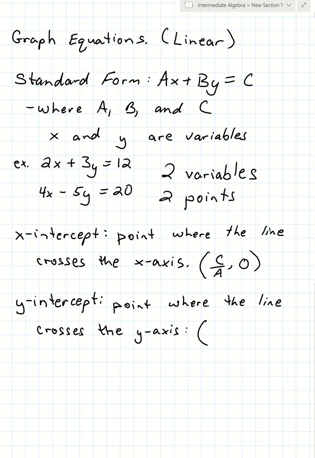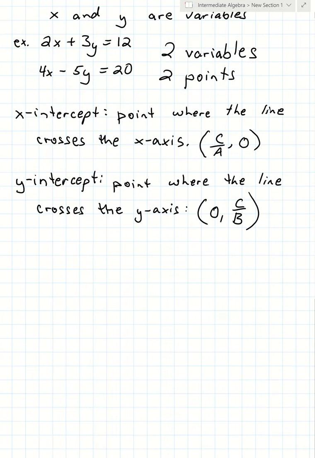To get the y-intercept, you're going to do 0, comma, c divided by b. Okay, so two variables, x and y, you're going to have 2 points. The x-intercept and the y-intercept. Those are the 2 points that you need.